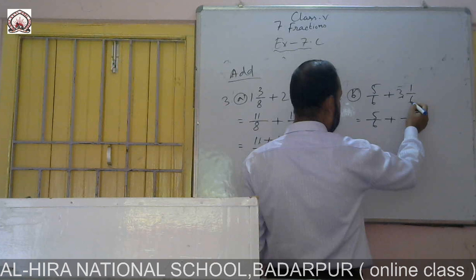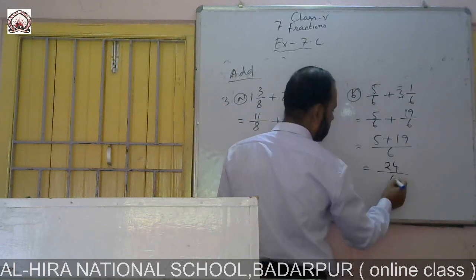So here the 6s are the same, take one 6, 5 plus 19. 19 plus 5 equals 24 by 6. Cut by 6. 6 1 is 6 and 6 4 jar 24. Answer is 4.